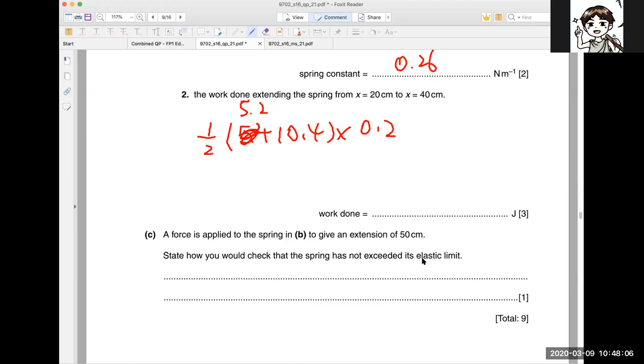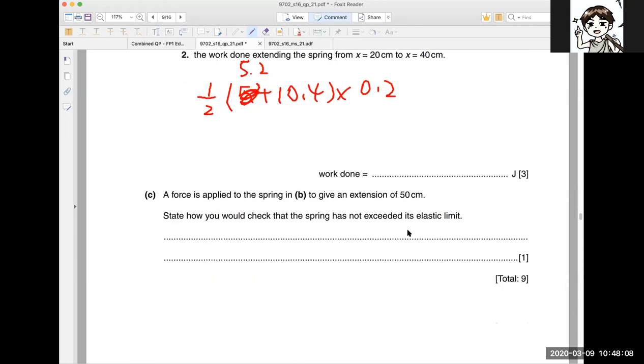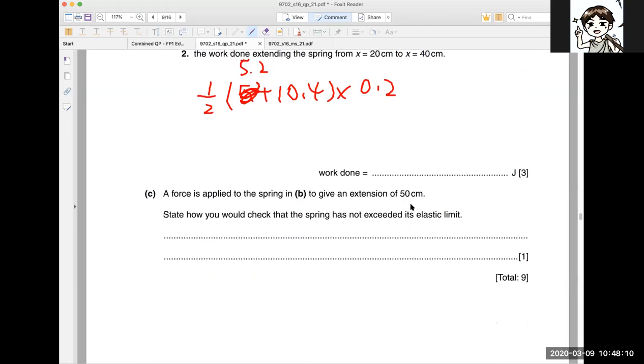Okay. Elastic limit is the point where if you exceed this limit, the length of the spring will not return to its original length when you release the load. So first of all you release the load.